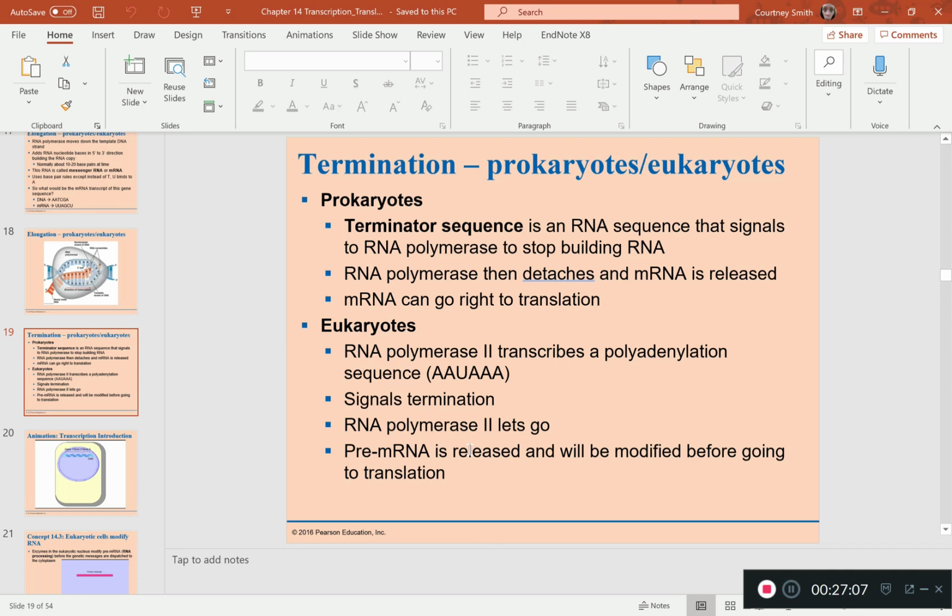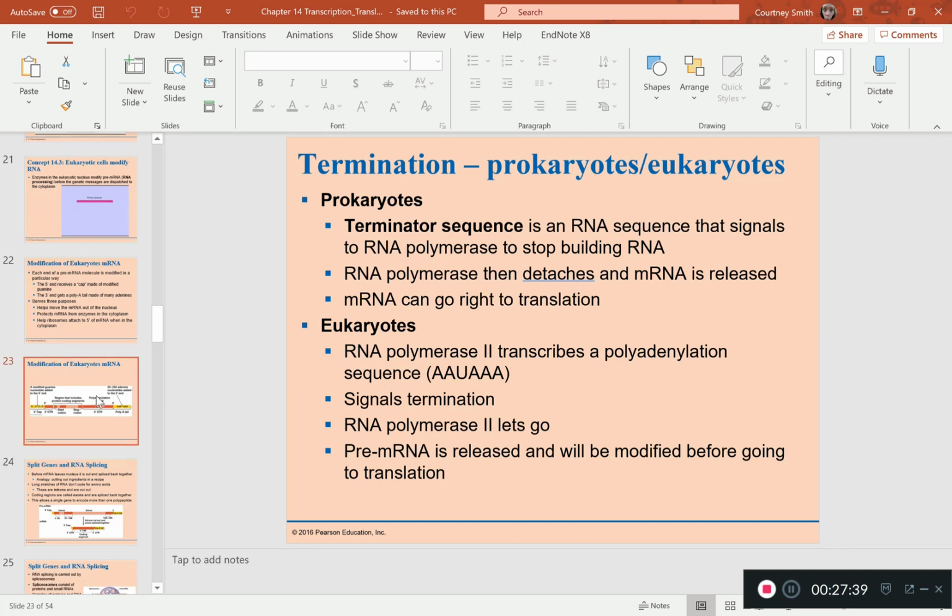Anyway, just know that it gets a stop signal, and it will get the UAA signal, and then that will tell RNA polymerase, oh, I'm done, and it will let go or fall off. And then that's the end of transcription, but there is one more step that can happen before translation can occur, and that is the modification of what we just made.